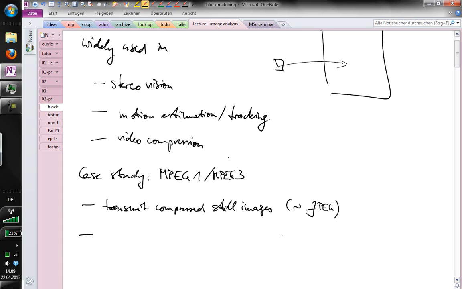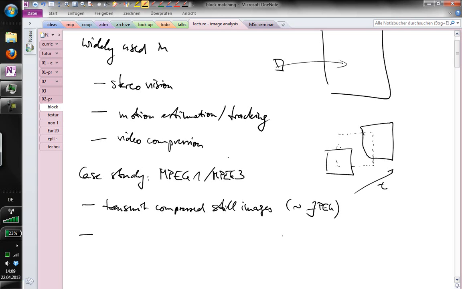And then you try to explain subsequent or intermediate images in terms of these still images that were transmitted. So let's say we have time, and we can transmit a still image here and a still image at a later point in time. And then in between, we try to interpolate from the still images that were sent. The interpolation is attempted in the following sense.